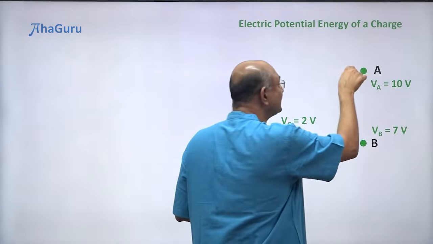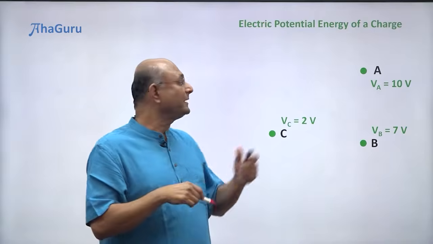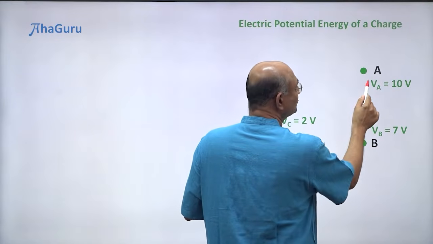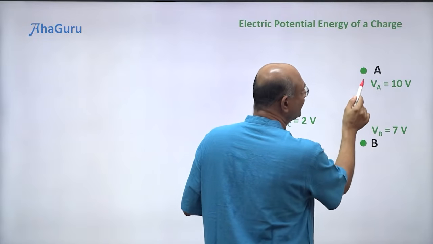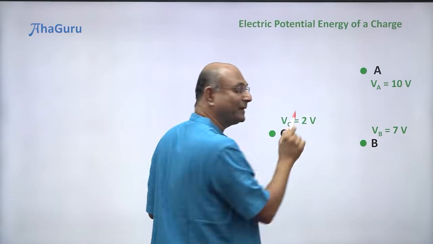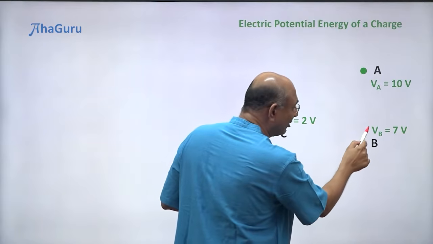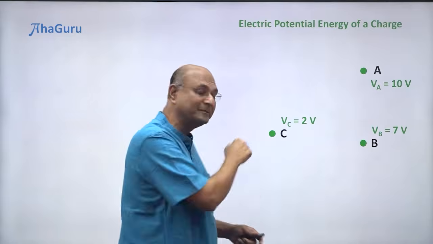But what is the potential at A? I need a symbol for that. We could have used P, but P is used for many different things in physics. So we use V itself. So V with a subscript A means potential at A. Potential at A, V_A, is 10 volts. This is also V, that is also V. Don't get confused. Be a bit careful. Similarly, potential at B will be called V_B. Potential at C will be V_C and so on.